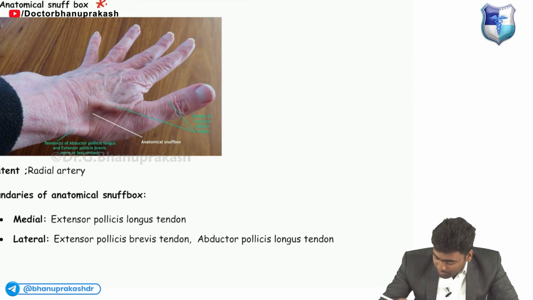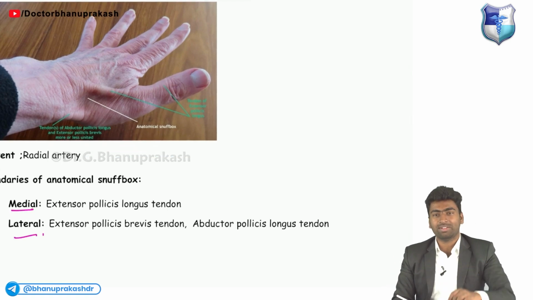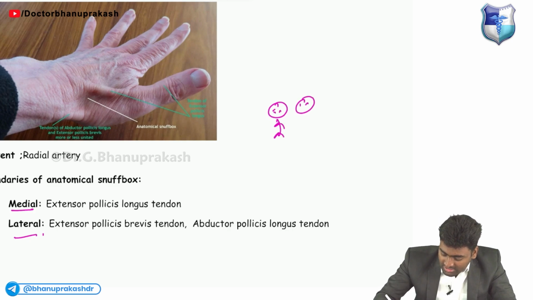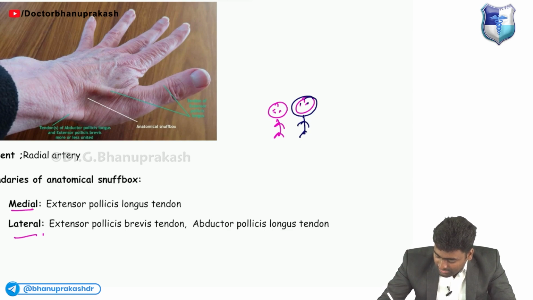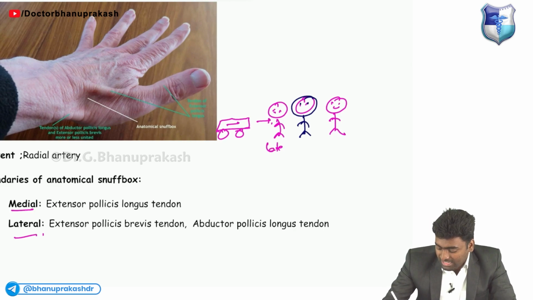Right? The first thing: there are two borders, one medial and another lateral. Imagine three people standing. If a car comes and hits, or if a flight crashes, it will hit the lateral person.